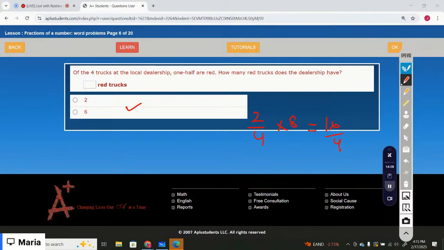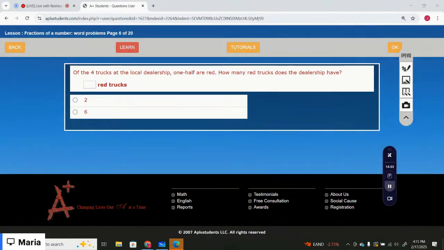So which is the correct option? One half are red.